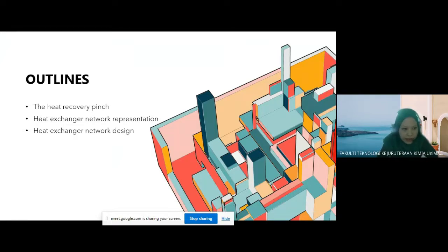Once we know the minimum requirement of hot utility and cold utility, then we can directly design our heat exchanger, because with the heat exchanger we want to exchange the heat between the process streams, from hot to cold.